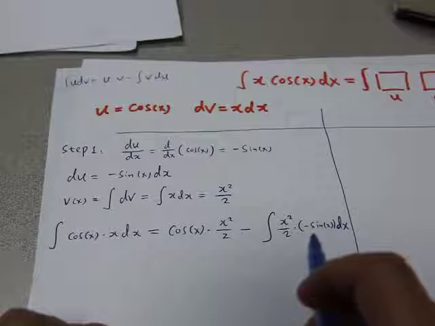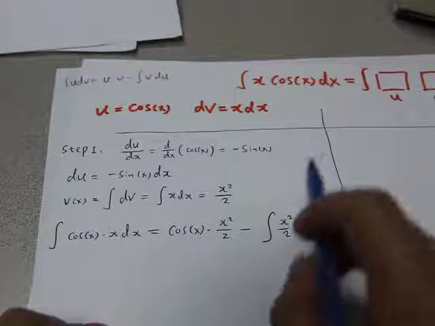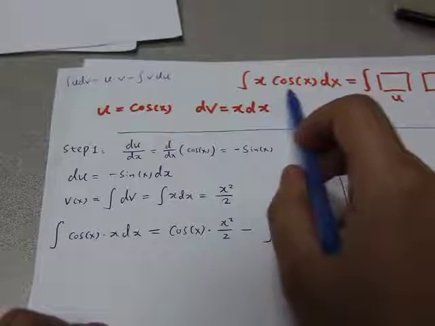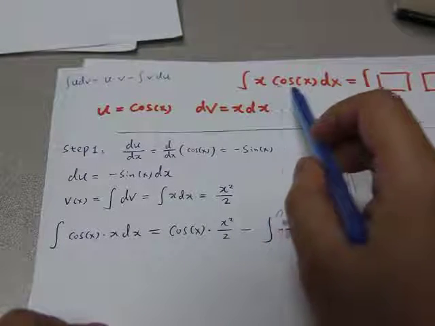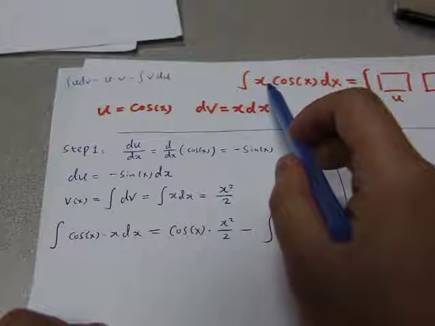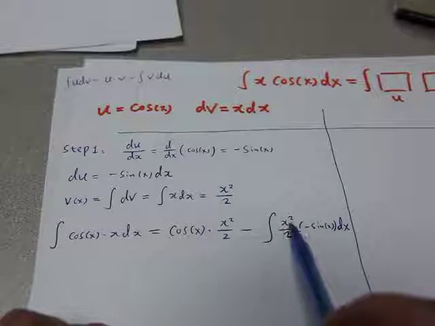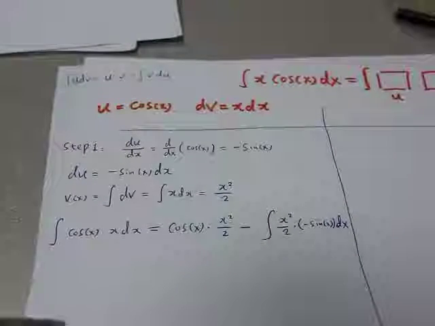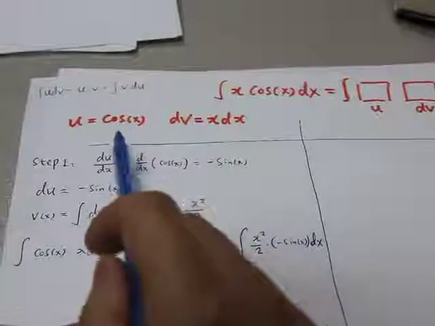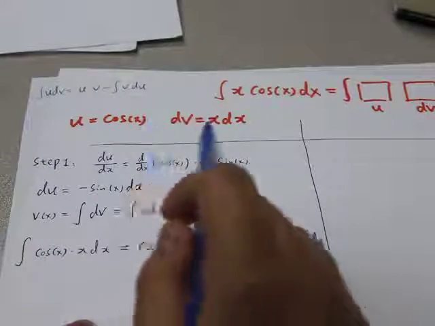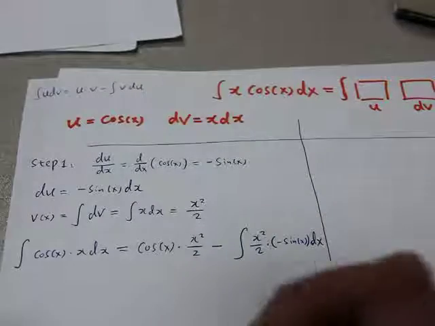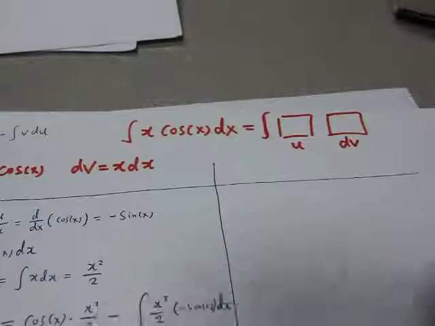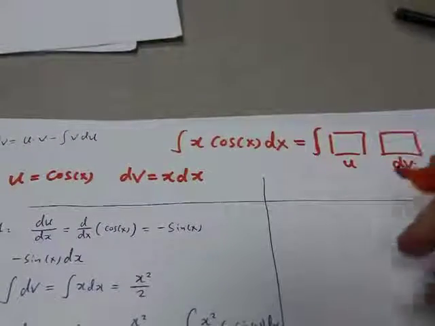Because here you have to solve this integral with x squared over 2, which seems much more complicated than the original one, right? Because for the original integral, at least the power of x is 1. There is a 2 here, right? So this tells me maybe this way is not good. Well, now let's see what about another way.